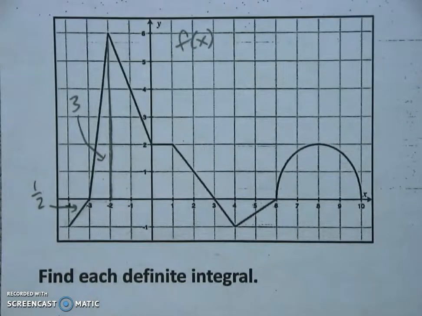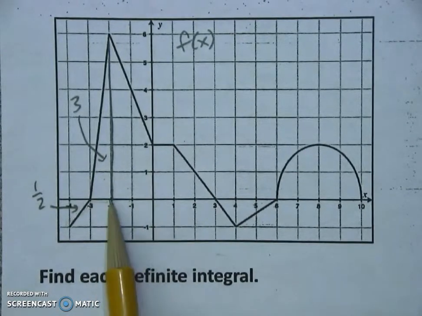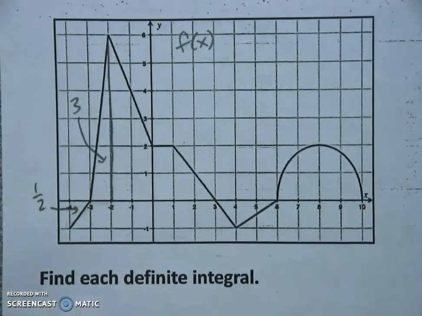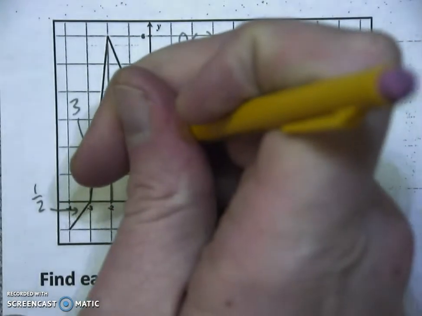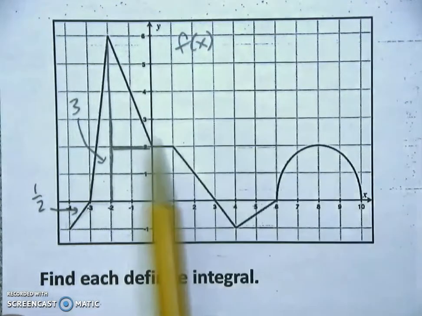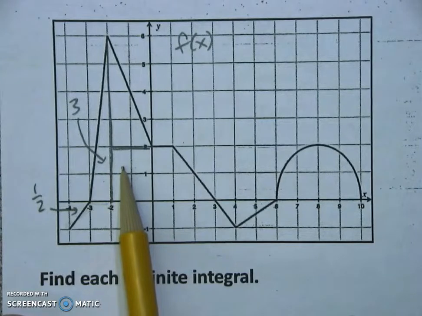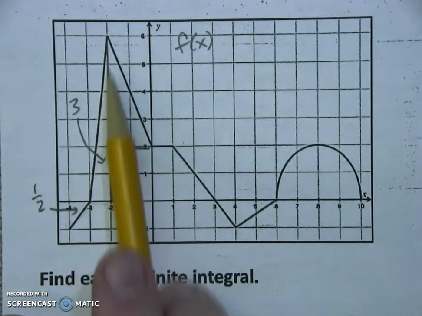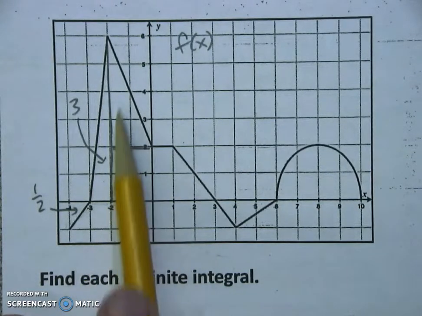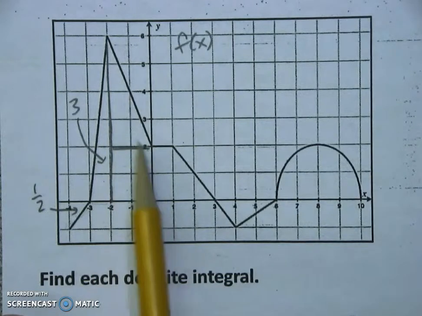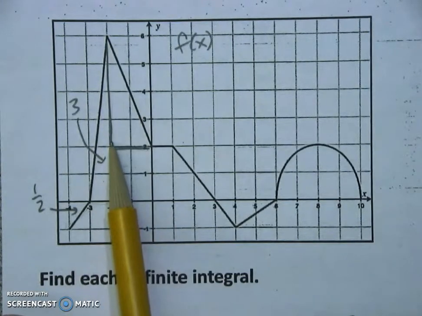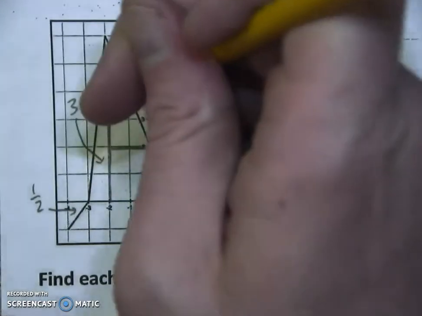To get the stuff between -2 and 0, I think it might help to break that region into a triangle and what I believe is a square. So this triangle here is half of 2 times 4. Half of 2 times 4 is 4.